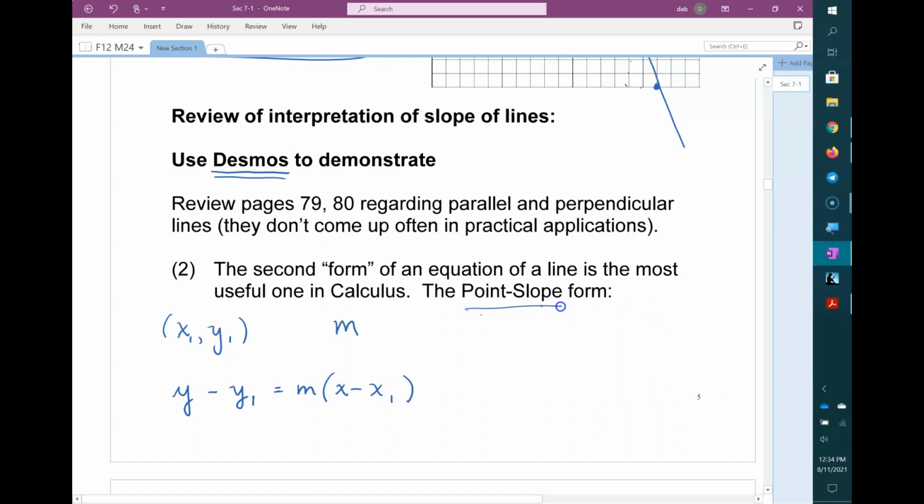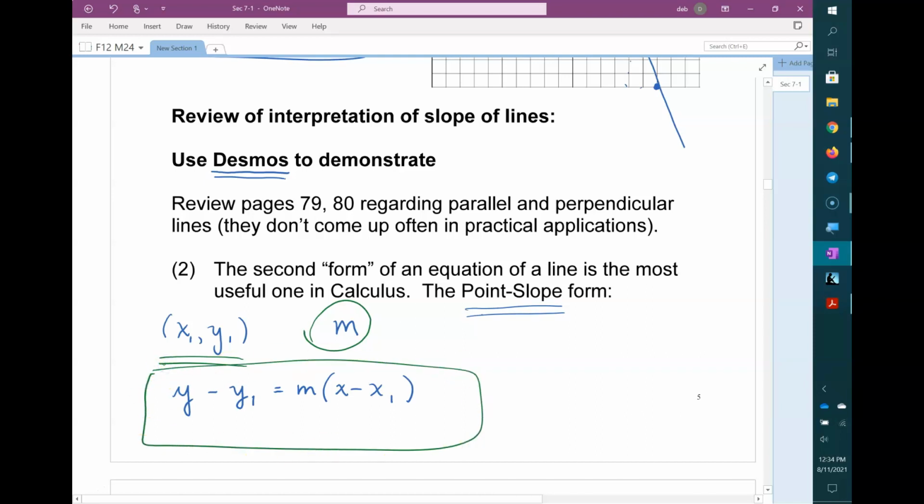And this form doesn't tend to get focused on nearly as much in algebra, but it's actually the most useful one in calculus because we're going to know the slope from our calculus work, and then we're going to know a point on the line because somebody has to ask us, at what point are you interested? And this is going to be the most useful form of the equation of a line.